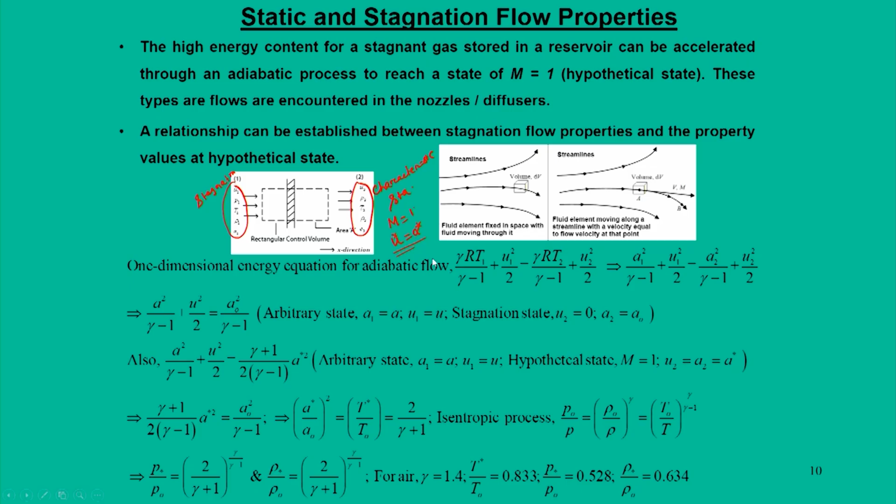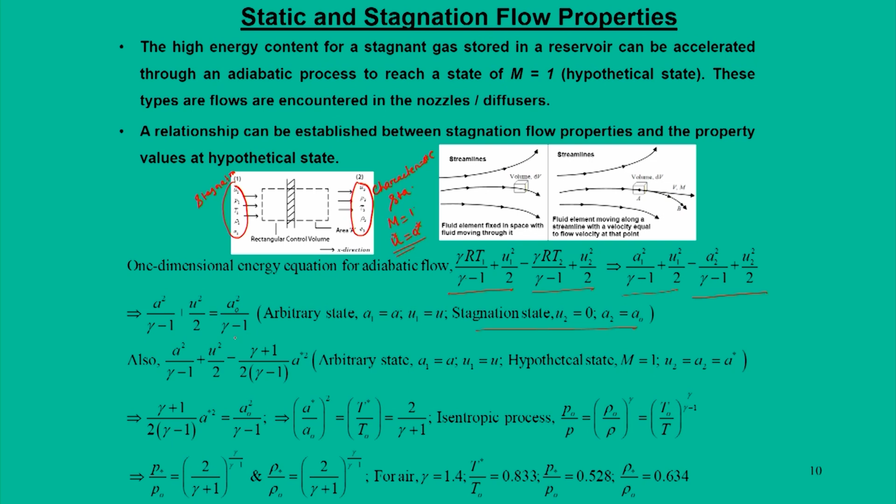So we revisit the energy equation for the initial state, which is the basic expression. We can write it in terms of Mach number for state 1 and state 2. Here the catch is that state 1 is an arbitrary state and state 2 is the stagnation state.